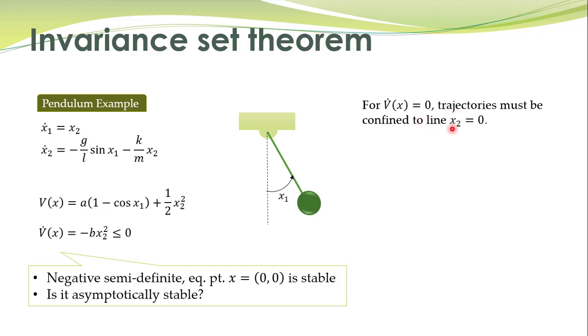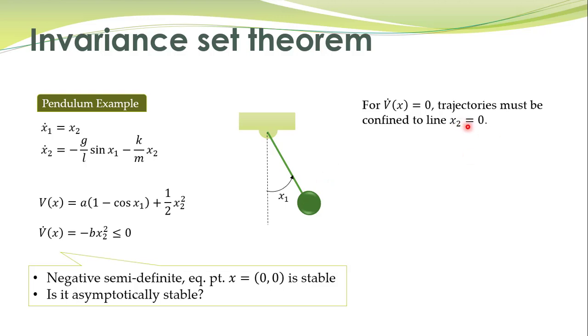What is x2? x1 is the angular position and x2 is the angular velocity. You see that this angular velocity can be identically equal to 0 only when the position is also equal to 0. x2 is also equal to 0 when this pendulum is at its maximum angular position, but that is only for some instantaneous time.